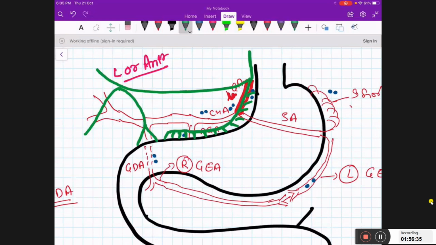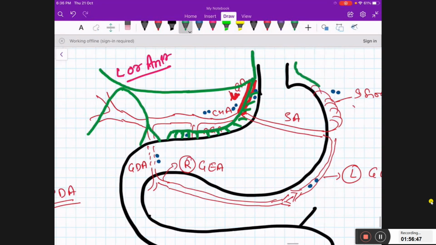Then there is a right or posterior vagus nerve running like this, and this right vagus nerve gives multiple terminal branches like this. So this is how the nerves are supplying the stomach.